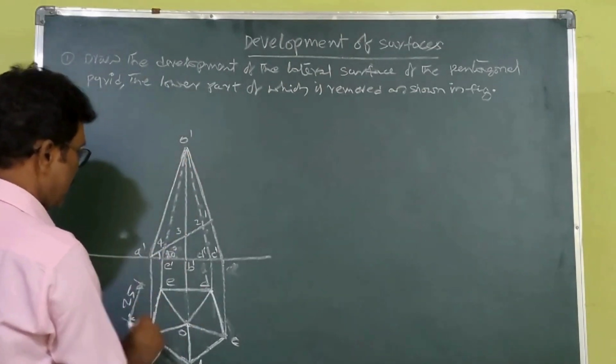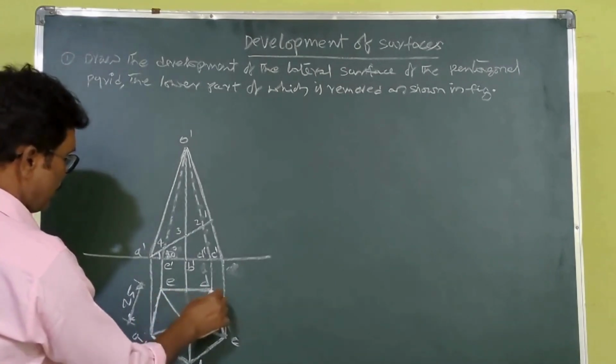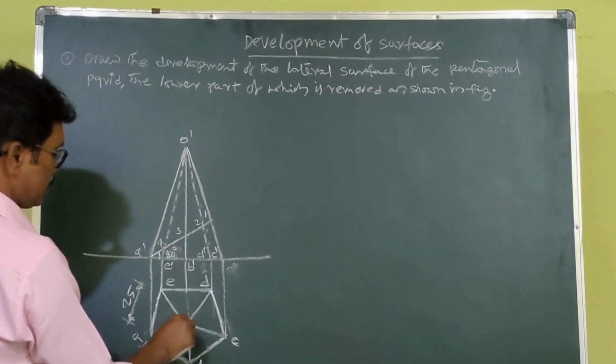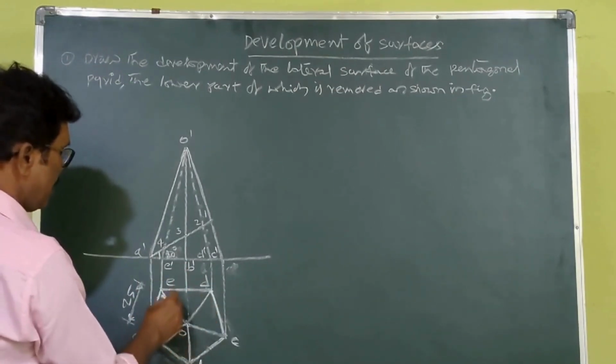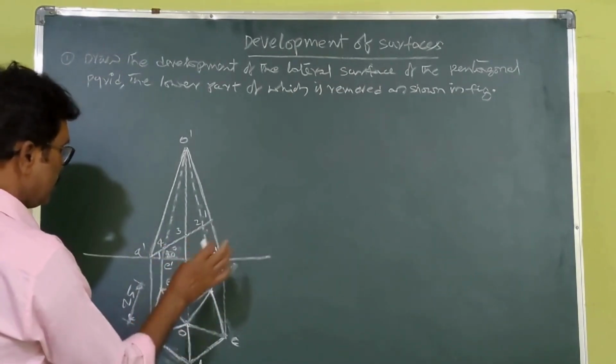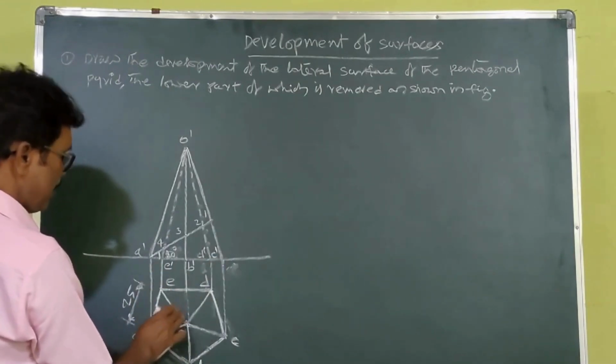If you see that diagram, they have given obviously the base of the pentagon in HP. The base of the pentagon is in HP, and one edge is parallel to VP. I am describing this problem.